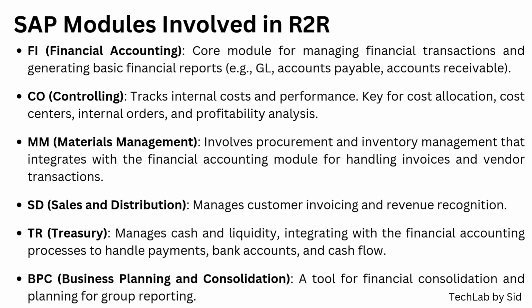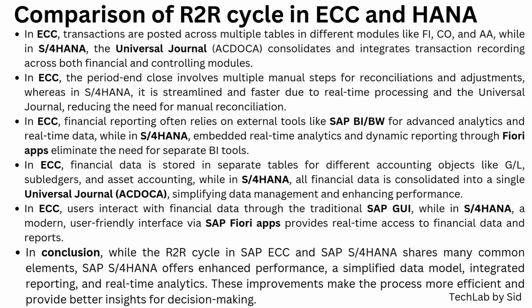The record-to-report cycle in SAP ECC and SAP S/4HANA differs significantly in terms of performance and efficiency. In ECC, transactions are recorded across multiple tables in various modules like FI, CO, and A2A, while S/4HANA simplifies this with the Universal Journal, that is, ACDOCA, consolidating data across financial and controlling modules.